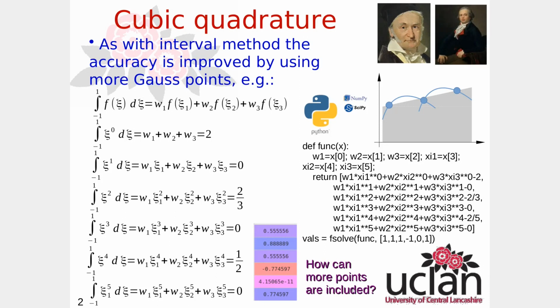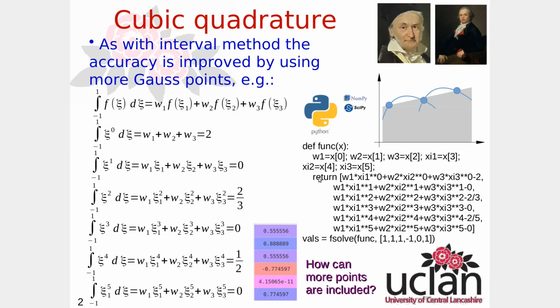So in this case, I've put w1 equal to x0, w2 equal to x1, w3 equal to x2 in the Python script, because I'm going to then solve this function for x as a vector quantity. And so what I'm saying is the weights will be in the first 3 and the Gauss points will be in the second 3.